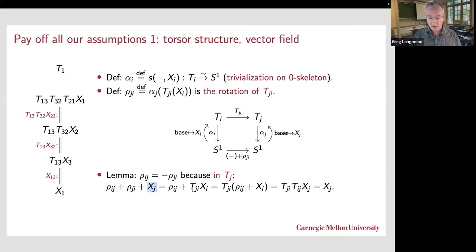Let us add x_j to it. I can take these last two terms, and by definition, that's the transport of x_i to fiber j. But then I can move this angle inside because it's a torsor map. This t_ji is respecting the group action, right? So this torsor structure is why all of this is working. And once you move that inside, you've got a copy of t_ij x_j. And then we use the fact that these are inverses.